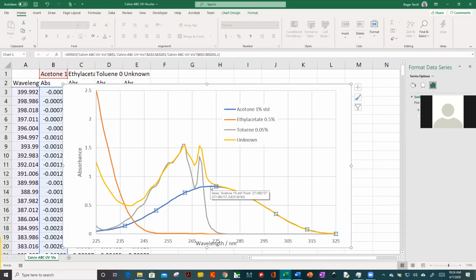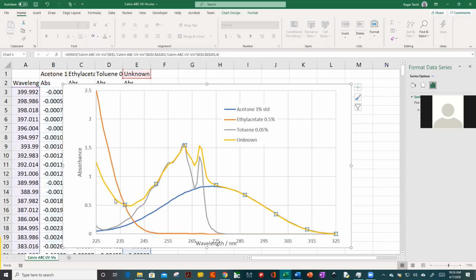So now with this information, who can tell me what the concentration of acetone is in the unknown mixture? Assuming the mixture, right? Because it's matching the signal.